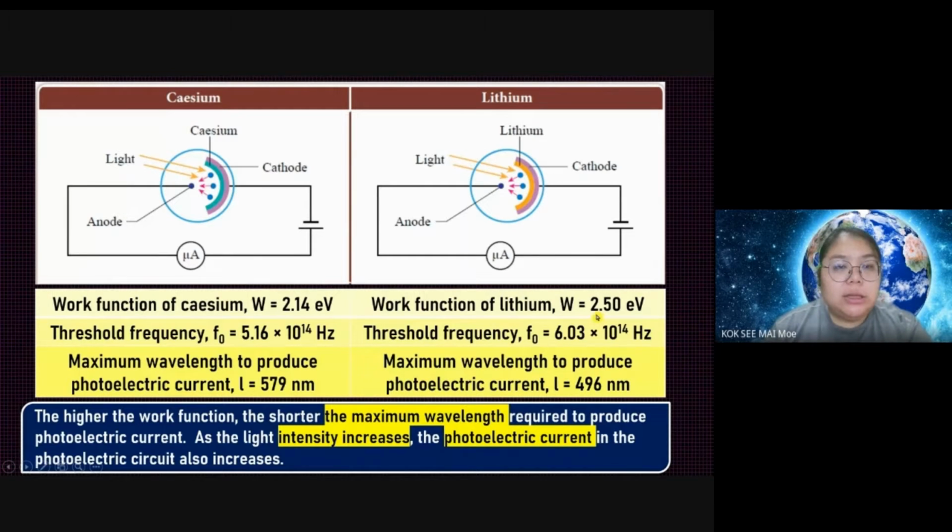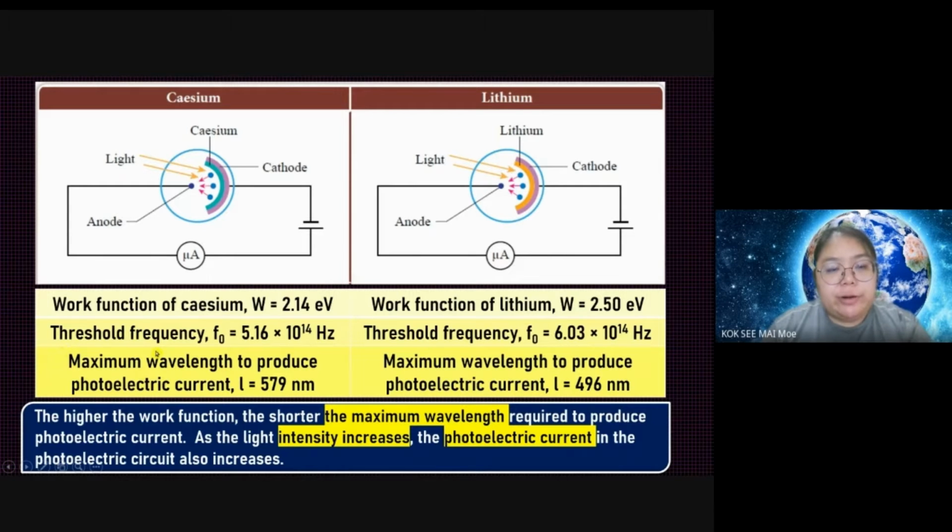So calcium is a bit lower. Lower means that when the light shines, it easily overcomes the work function and the electron comes out. Lithium is a bit higher, so the photon energy of the light you shine must be a bit stronger to overcome the work function of lithium.